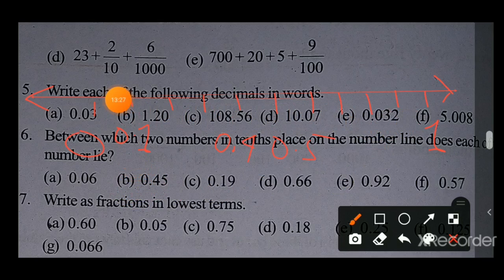So this is the first point, that is 0.1. This is 0.2, this is 0.3, this is 0.4, and this is 0.5. So the given number is 0.45. It means it is in between 0.4 and 0.5. Here it can lie, because it is half of 4. So it is 0.45.